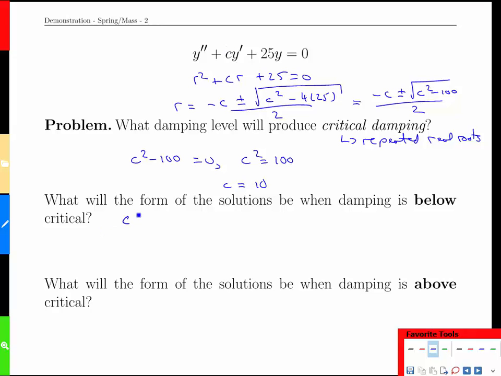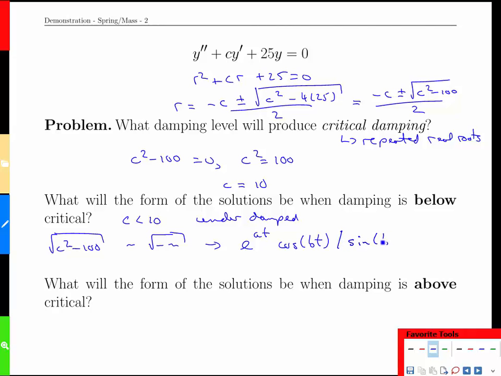If c is less than 10, that's going to be the underdamped case. There's not that much damping, and what that means is that the c squared minus 100 in the root is going to be the square root of some negative number, and that's going to give us an e to the at cos bt type solution, or sine bt.